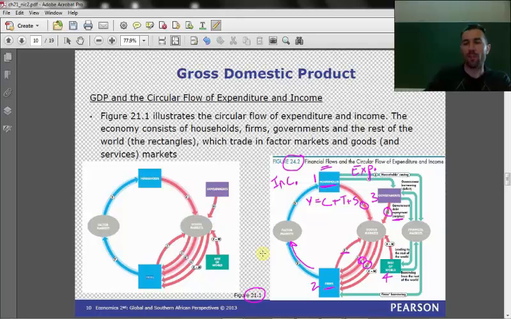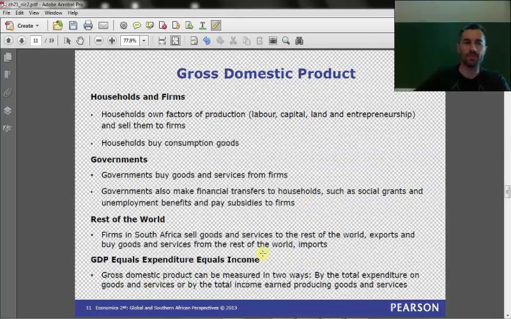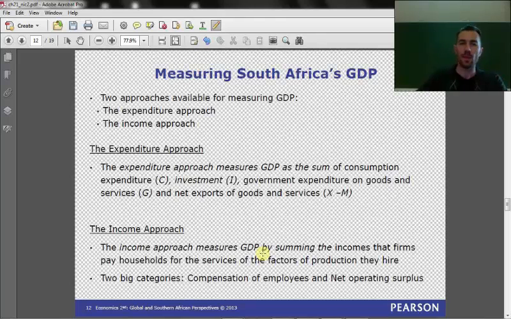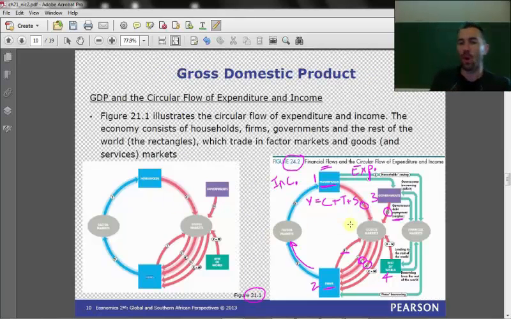So there's our circular flow diagram. That's everything we're going to do, the whole course. Cool. So there's the slide that talks about all those different parts of that diagram. When we talk about the expenditure approach and the income approach to measuring GDP, the expenditure approach means we add up all the things on the expenditure side. So let's just go back to that diagram quickly. All the things on the expenditure side. What kind of expenditure do we have?